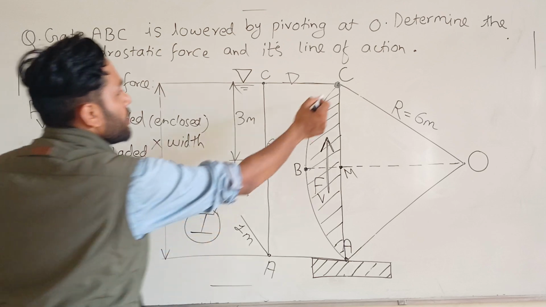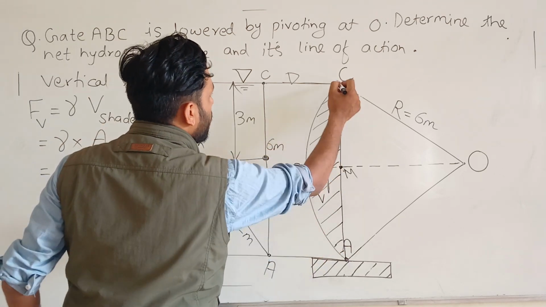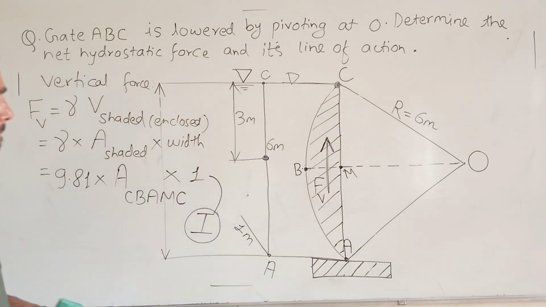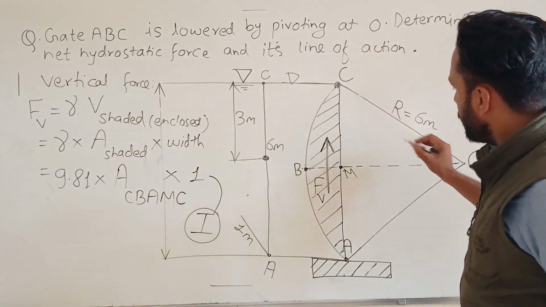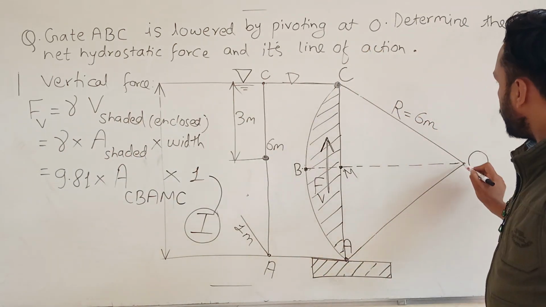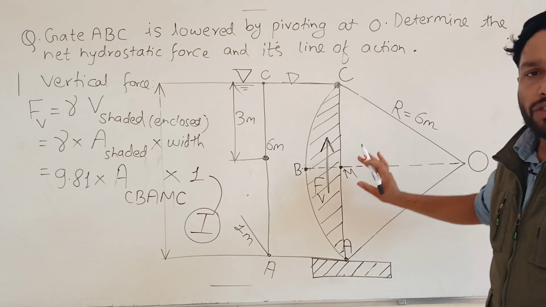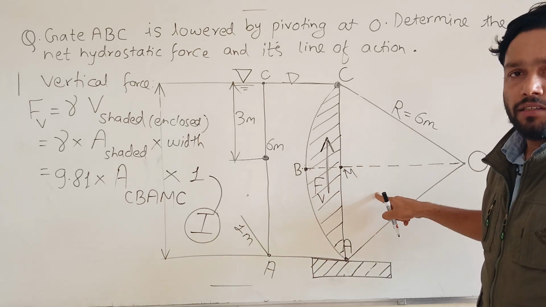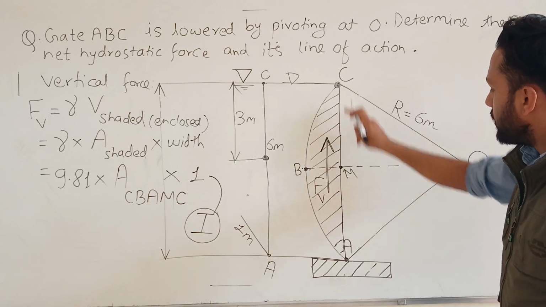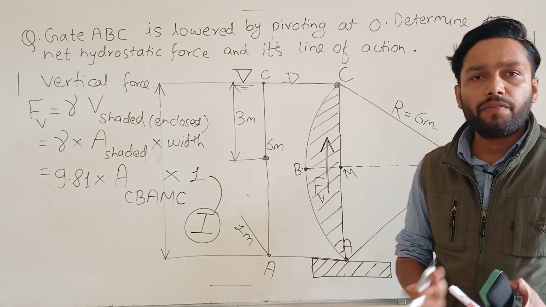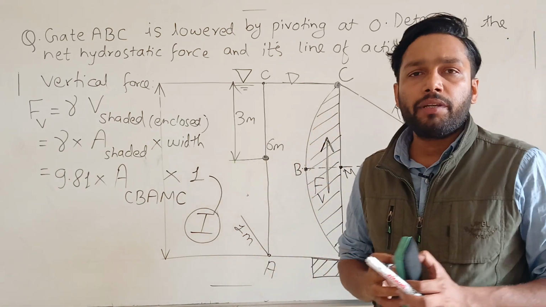CBAMC is the area of the lamina. How to calculate the area of the lamina? You can see here easily. First calculate the area of the sector OCBA, and subtract these two triangles. When you get the area of the sector minus the triangle CAO, then you will easily find out the area of this lamina.